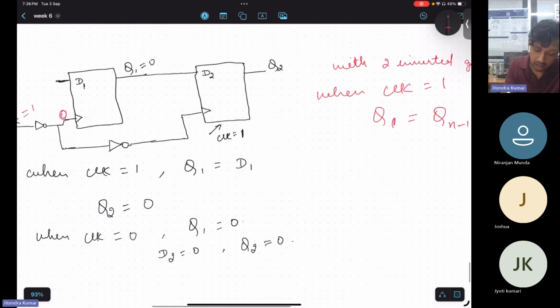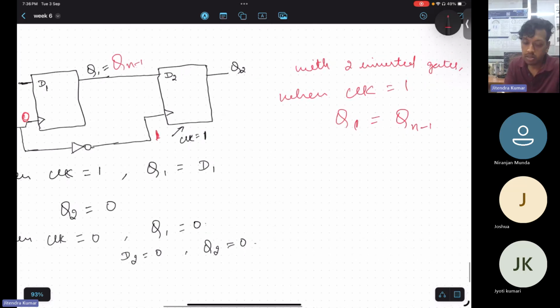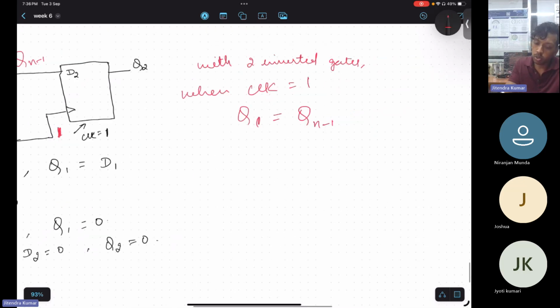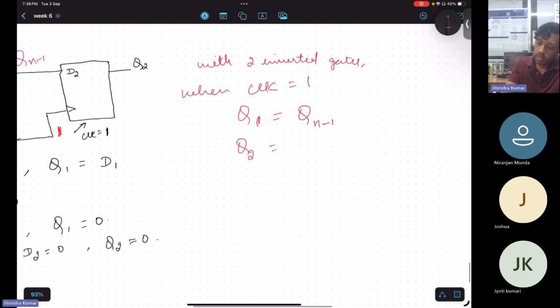Now in second, if clock is 0 here, it will be 1 here. And since Q1 is Qn minus 1, it means when clock is 1, whatever is given as D2, that will be exactly equal to Q2. So Q2 will be Qn minus 1.